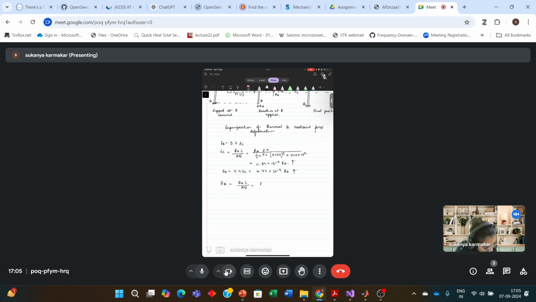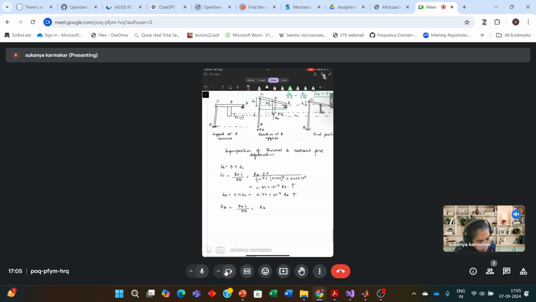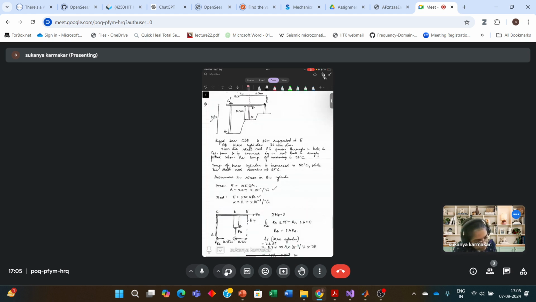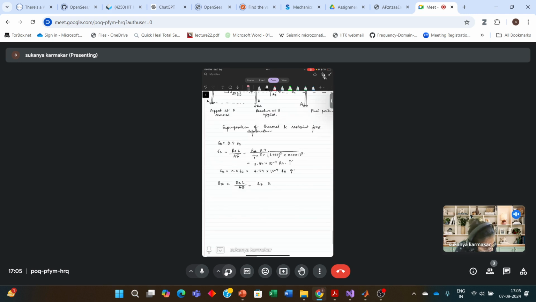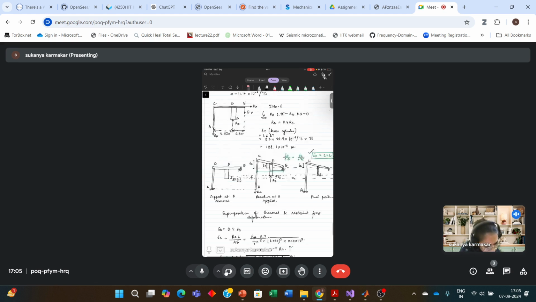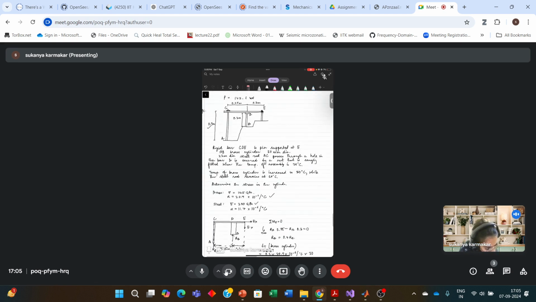Now RB, length of the brass cylinder is 0.3 meters. So RB into 0.3. Diameter of the brass cylinder is 30 mm.